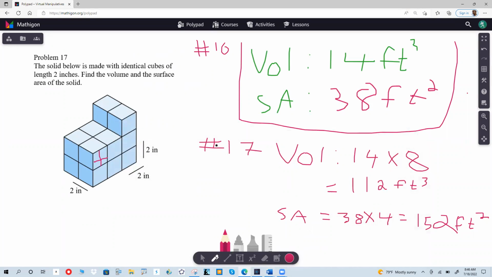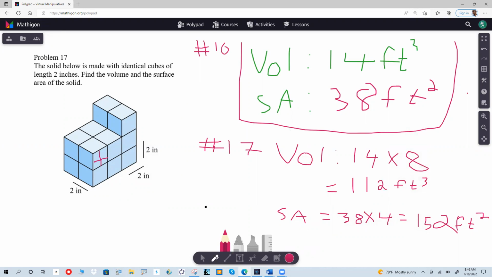So again, if you are given a set of cubes that are not unit cubes, here's a little bit of summary, okay? If you're given a structure made out of cubes that are not unit cubes, it could be a 2 by 2 by 2, it could be a 3 by 3 by 3. What would you do? You would pretend the solid is made of unit cubes, and you're going to find the volume, and multiply it by, if it's 2, 2 cubed, which is 8.